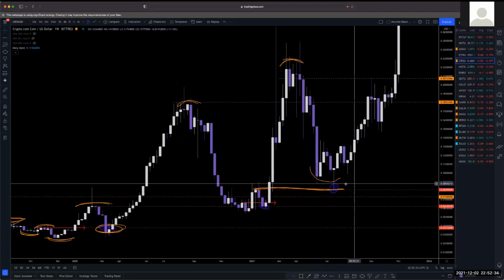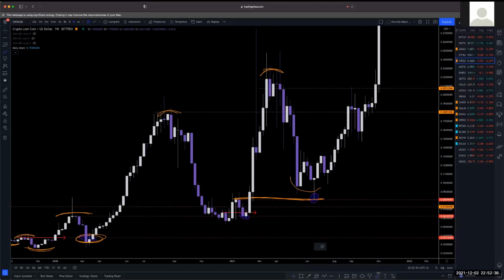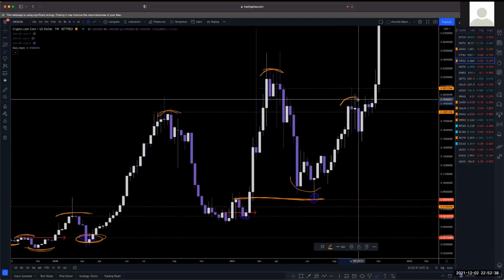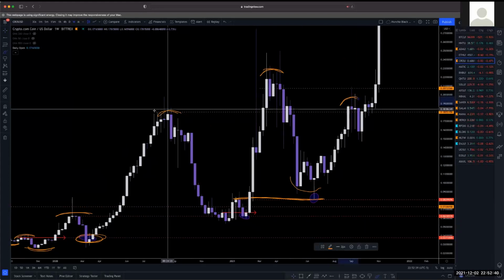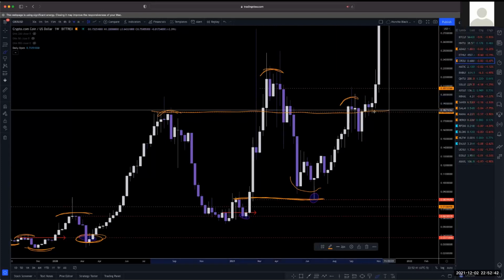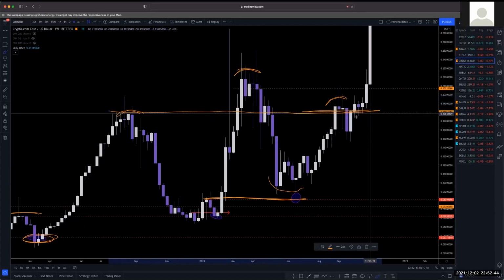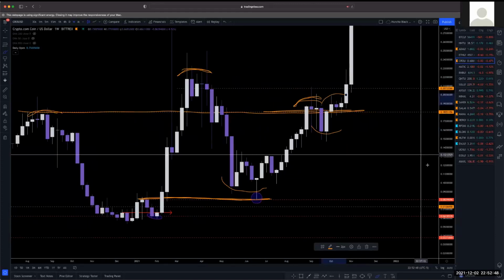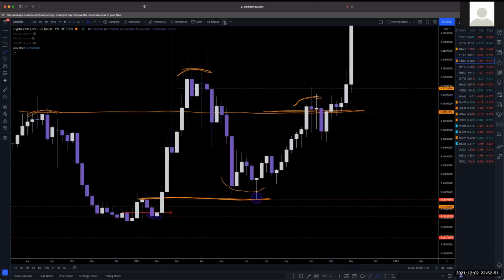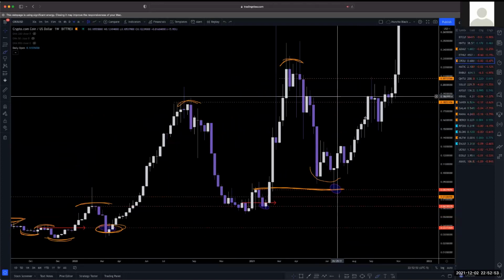As you can see, we then created some more higher price action. We struggled to get past this weekly resistance level. We created a higher high, a higher low, a higher high, and all we did was come back and test.